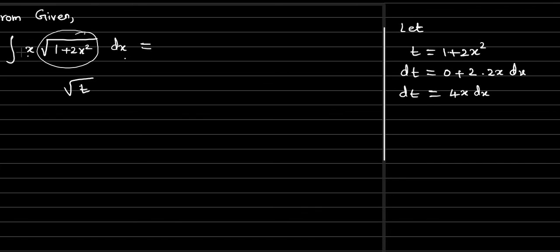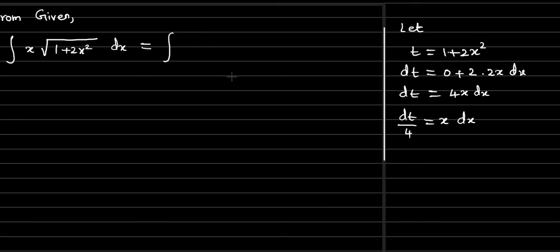But we don't have the 4 multiplied with this particular function. So we will send 4 to the other side, and we get dt by 4 equal to x dx. So now we will change the given function in terms of t. Integral square root of 1 plus 2x square.